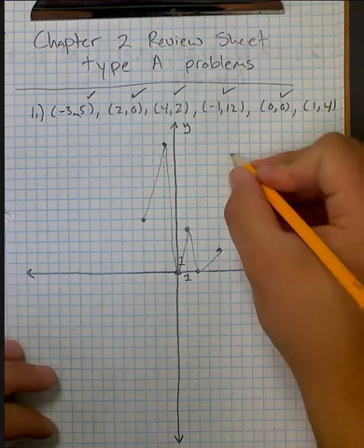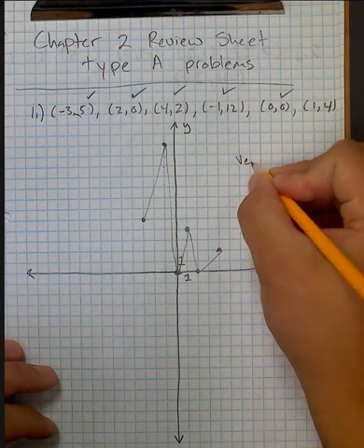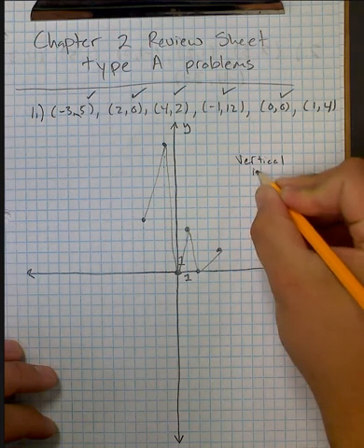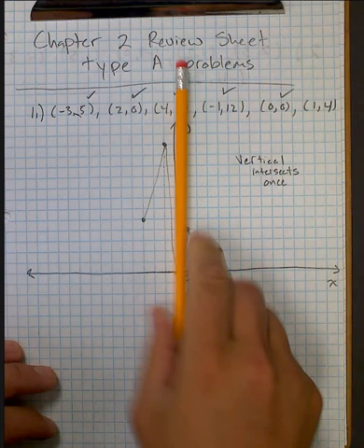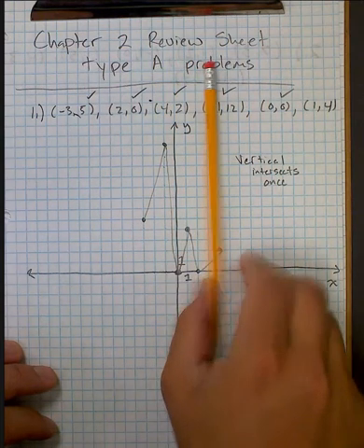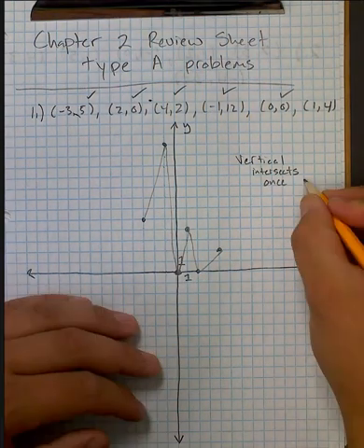So if a vertical line intersects once, if I draw a vertical line anywhere along the graph I just created, this is a function.